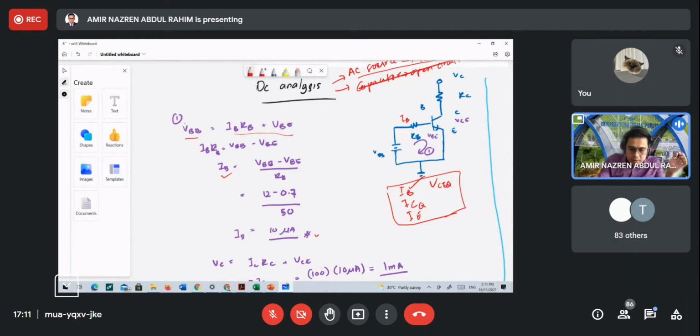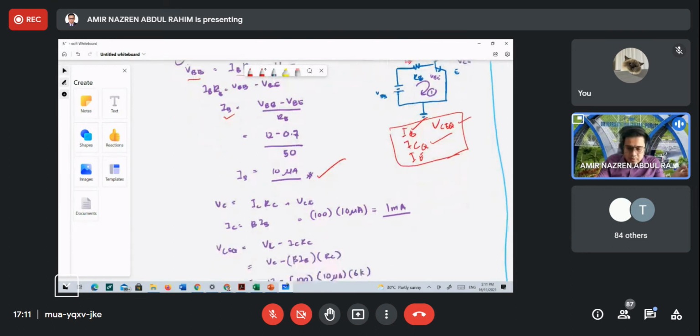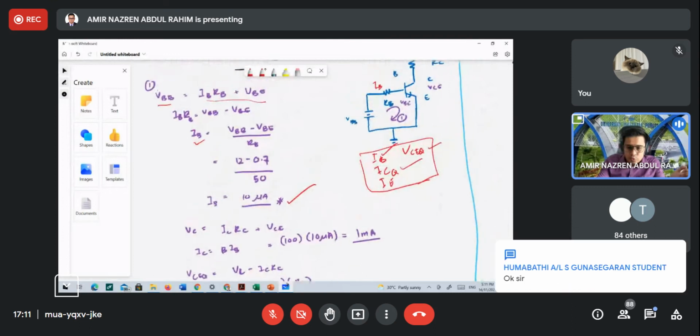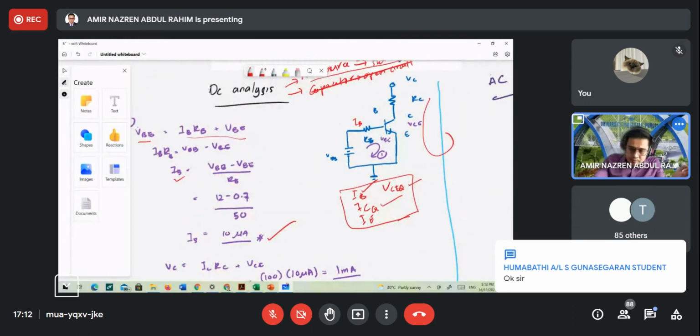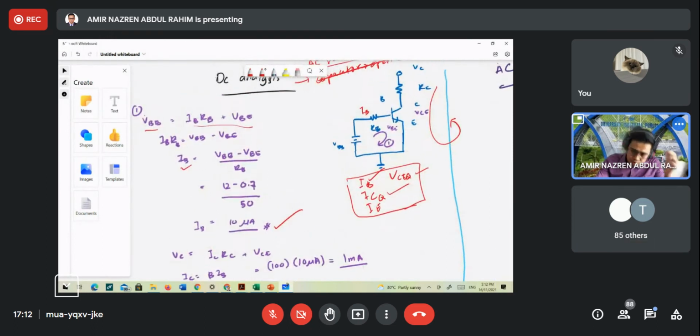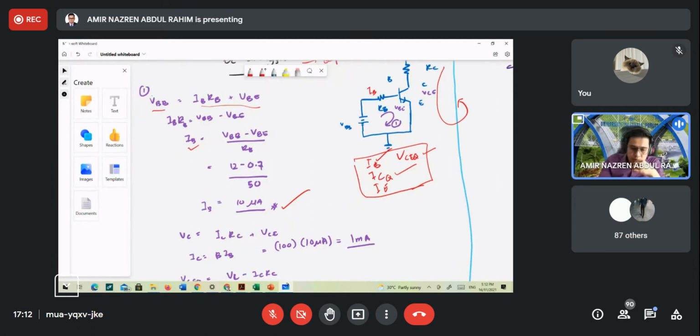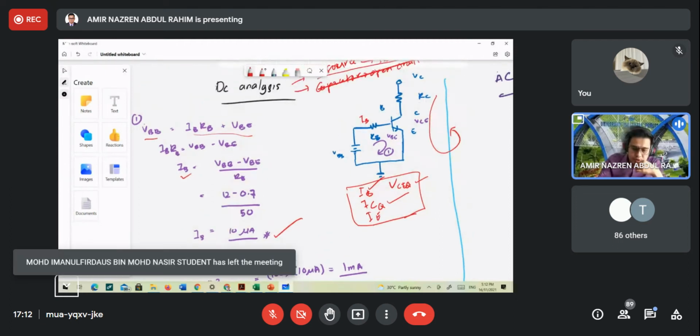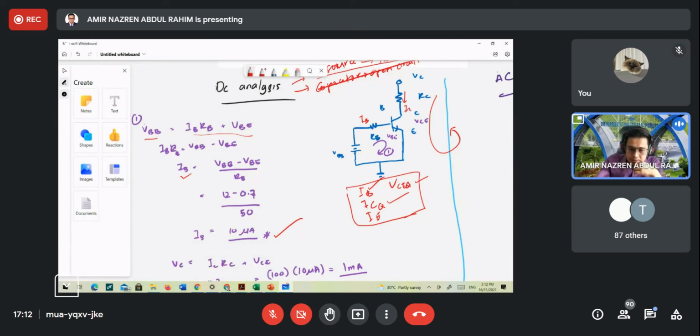Now we already know IB. So we need to find IC and VCE. All right. If we do a loop, we already know that the source voltage equals the voltage load. So our source is VC equal to IC RC, IC over here, and then we have VCE.